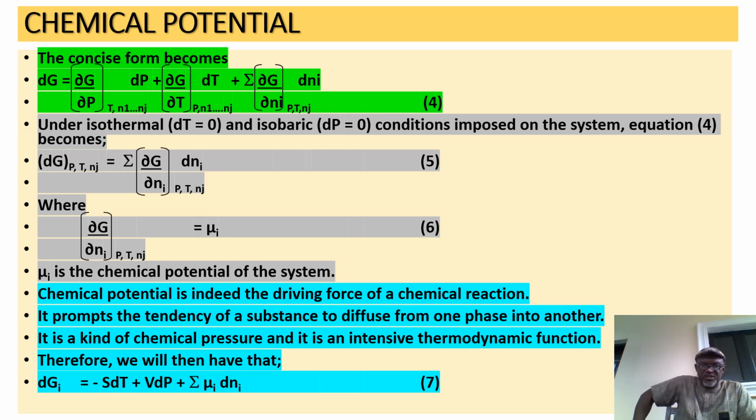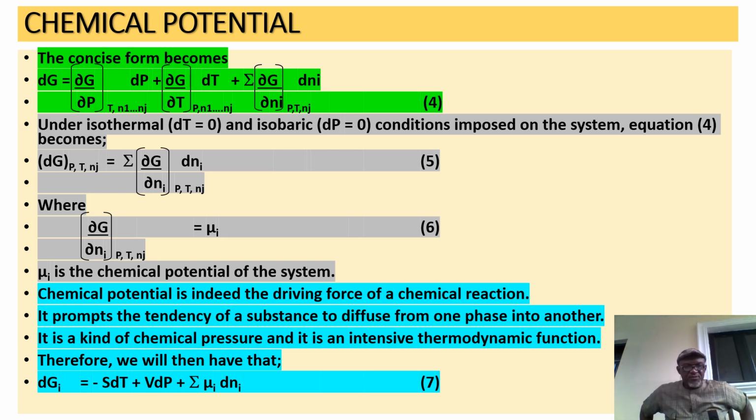Of course, chemical potential is a driving force for chemical reaction. It prompts the tendency of a substance to diffuse from one phase into another. It is also a kind of chemical pressure, and it is an intensive thermodynamic function.